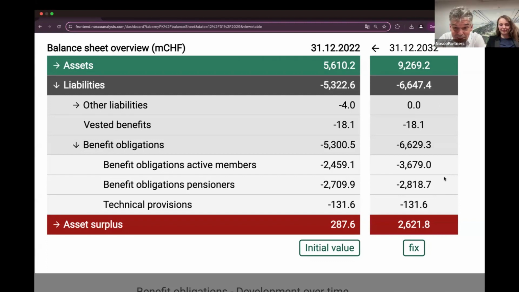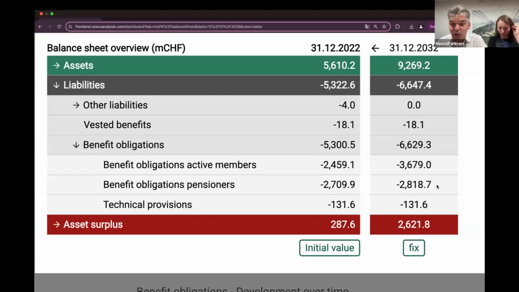So this pension fund now wondered, what will be the impact if I lower the conversion rate. With conversion rate, we mean the following. Conversion rate is the rate at which I convert the retirement savings into a pension.